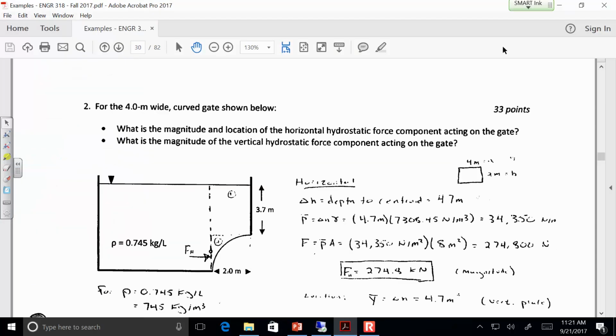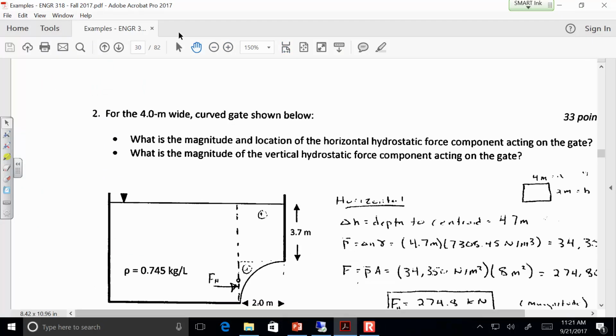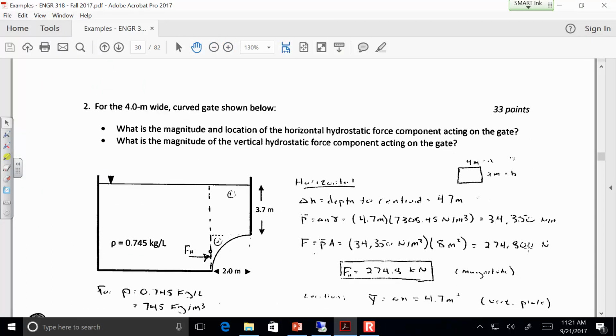All right, so here's the solution from a couple of semesters ago. I apologize that the writing quality isn't quite as clear as I'd like it to be, but what we do is we find the depth of the centroid of the projection. Now this is a curved gate that's 2 meters tall and 4 meters wide.